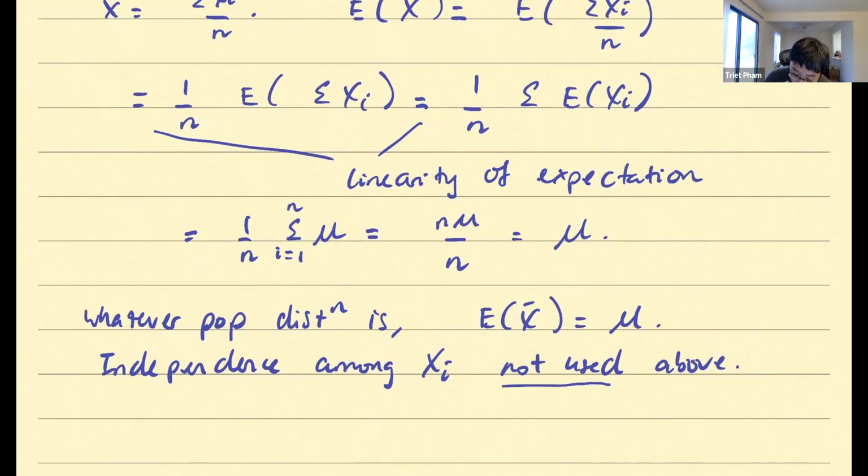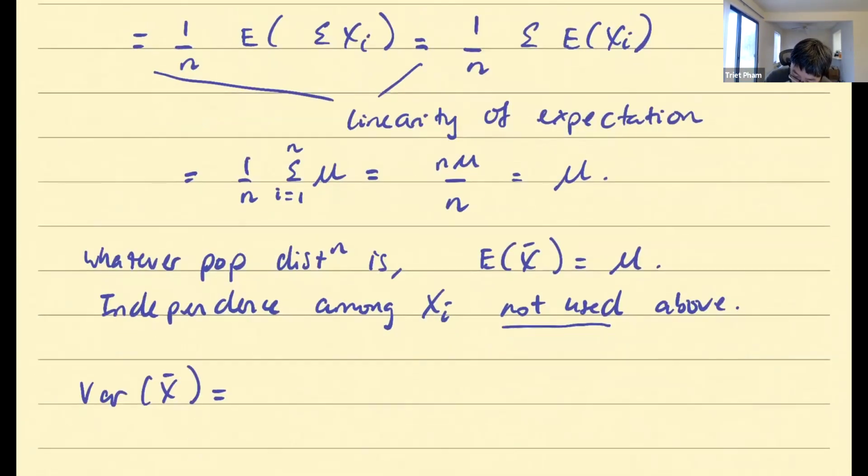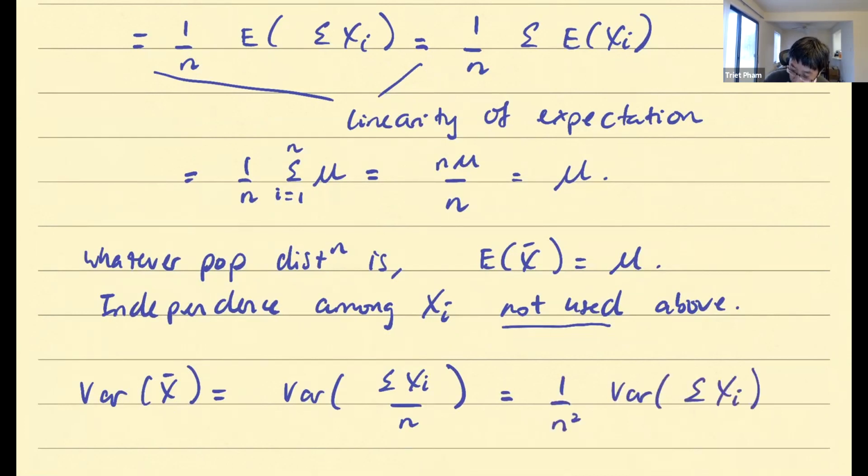What about the variance? The variance of X bar is the variance of the sum divided by n. First of all, take care of the constant. It becomes this, a property of variance: factor out a constant, and you get a square out of it.